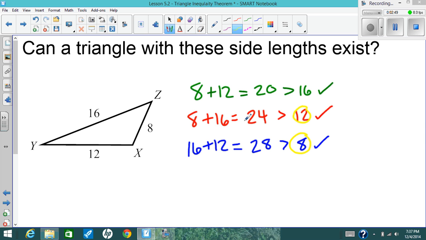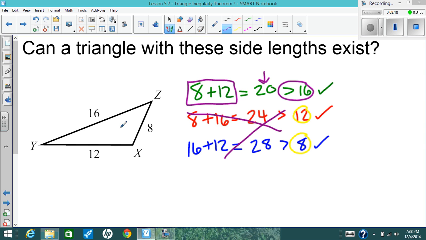So once we add 8 to it, it's still going to be bigger. So the key to finding out whether or not a triangle can exist is really taking the smallest two side lengths, adding them together, and making sure that their sum is greater than the third side. So we can almost skip these two parts.